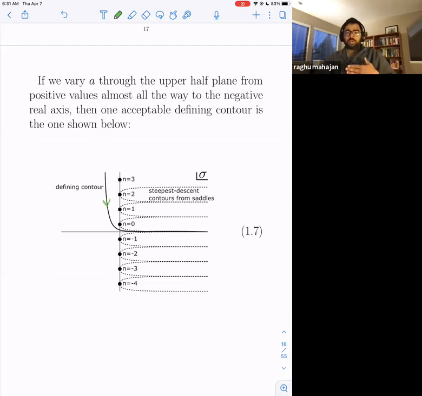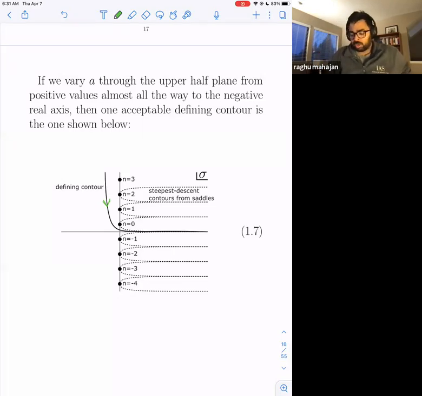So if you take this contour for positive a, you will get the answer you wanted, and it would be well defined for all a in the upper half plane. And these black dots are now the saddle points that I wrote with the imaginary shifts in I times 1 plus 2n. And these dotted lines are the steepest descent contours.